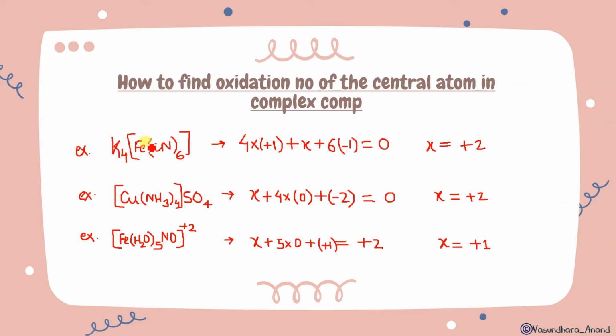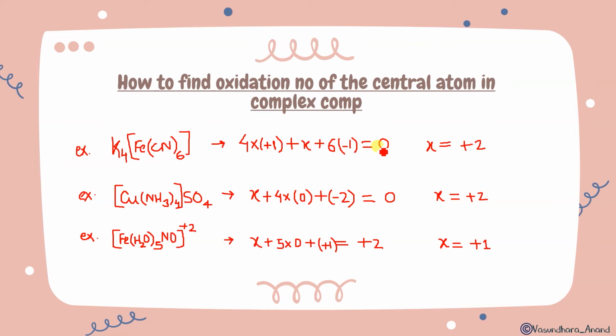This is the central atom, so let's assume its oxidation number is x. CN is in the -1 state, so 6 into -1, as we did in the class 11th oxidation reduction chapter. The same way we have to do. The one thing you have to learn here is the charge of each ligand.